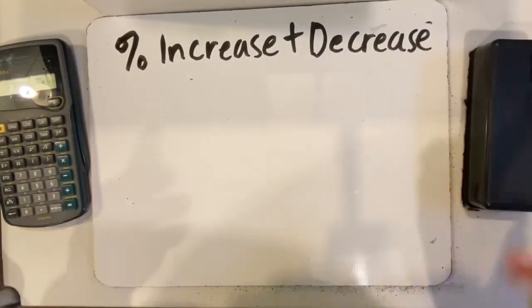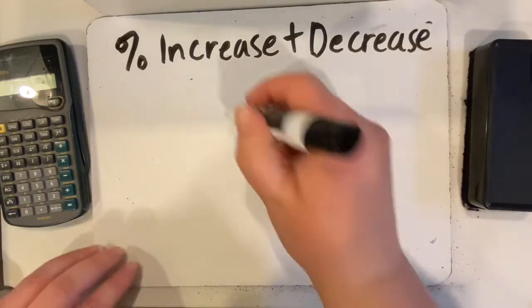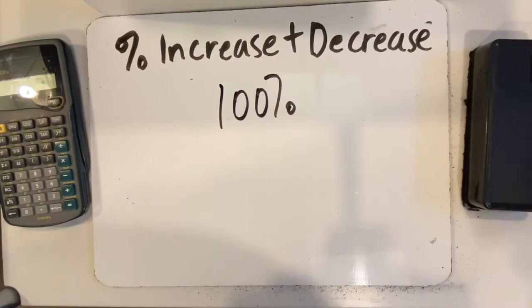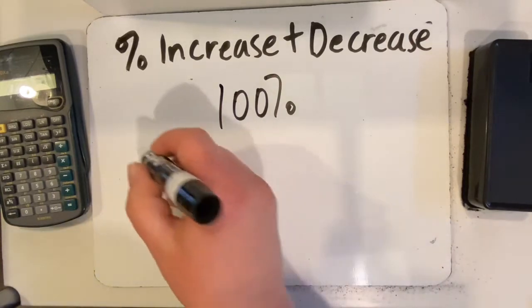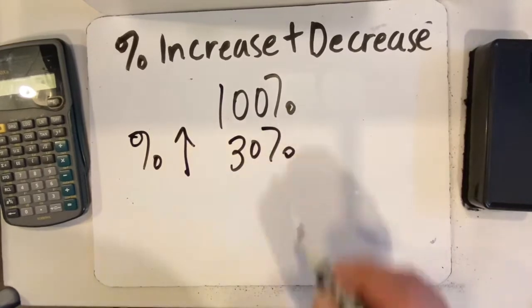Since we're going to be increasing or decreasing, the original number would be 100% of the number, right? Anything that is the whole, the original number, is 100%. So what we can actually do is add or subtract the percentage increase or decrease onto that. Let's say we have a percentage increase of 30%.